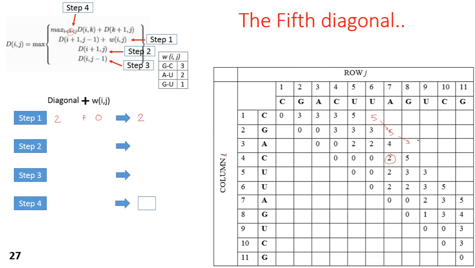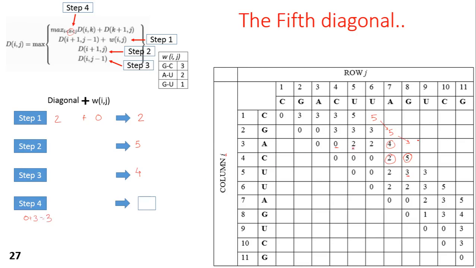Then we also need to consider the column contribution, that is 5. Step 2. We need to consider the row contribution, that is step 3, and we need to calculate step 4. Now for this particular step we would have to add this 0 with 3. 0 with 3 would give you 3.